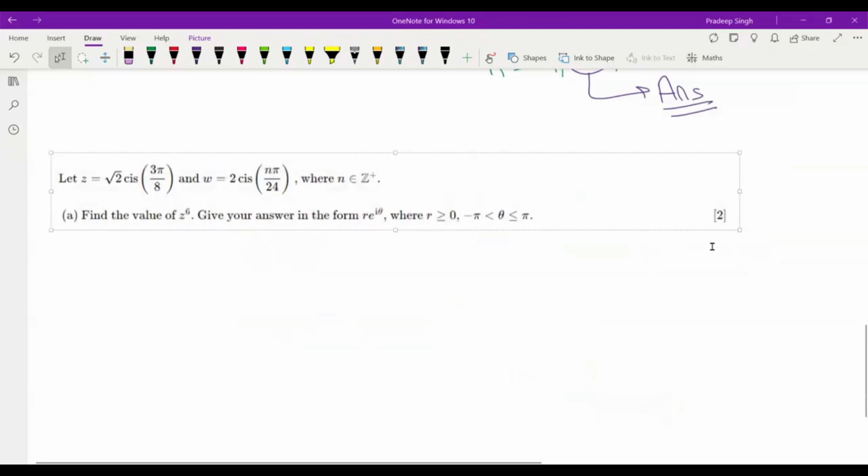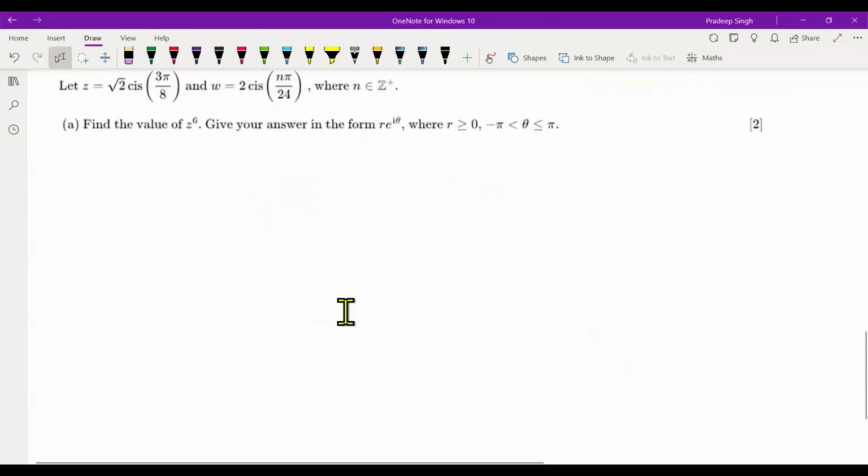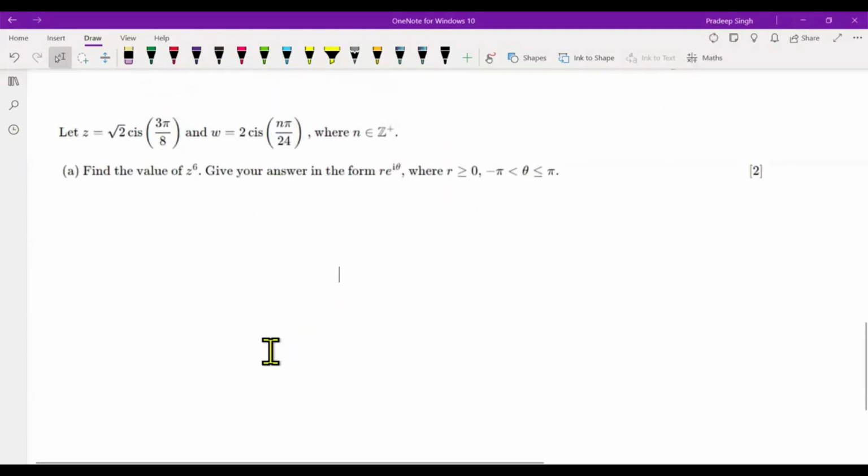Solve the first part. Z to the power of 6 we need.